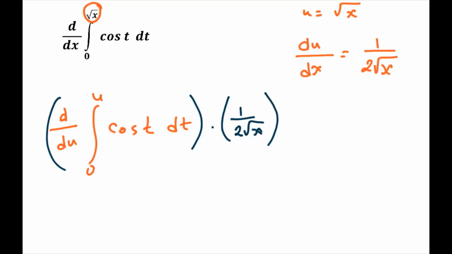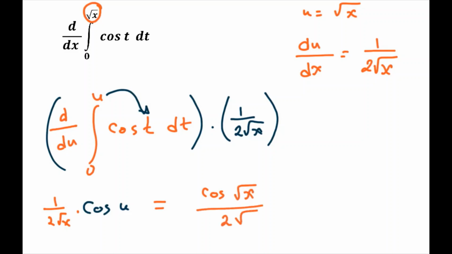Now, based on the fundamental theorem of calculus, I'm going to put u in, so that's going to be cosine u multiplied by 1 over 2 square root of x. Now I'm going to return u to x, and that's going to be equal to cosine of square root of x over 2 square root of x.